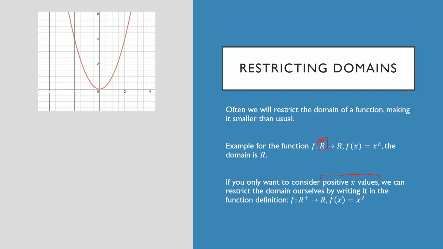One way you could write that would be x greater than 0, or you could write it as 0 comma infinity, or you could write it using the symbol we've got here, R with a superscript plus. That means positive real numbers, or all the numbers between 0 and positive infinity, not including 0.